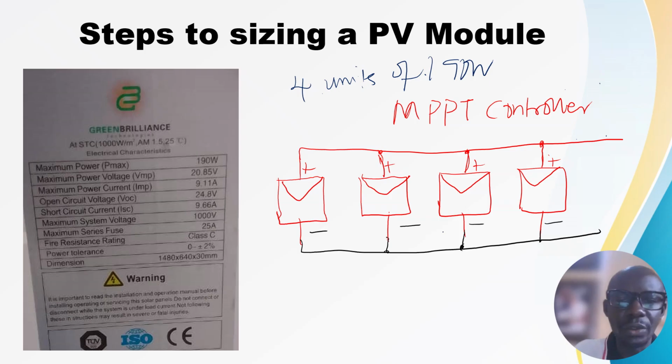And also know that for all these panels, we are making use of the VMP now. Each panel is 20.85 volts and 9.11 amps.